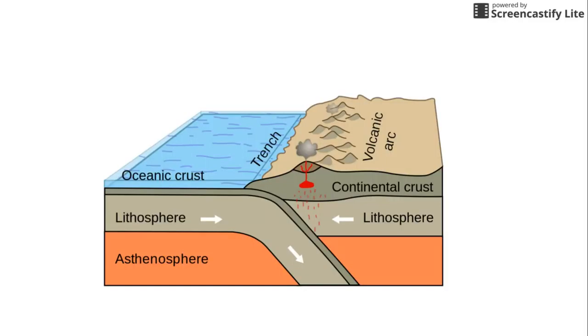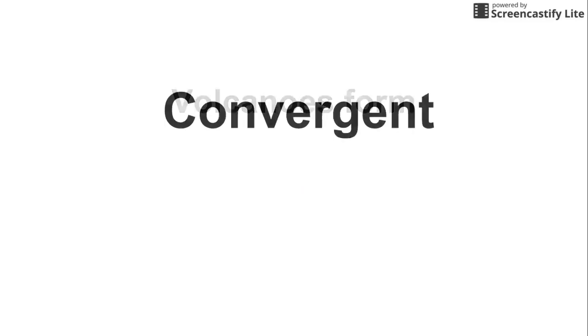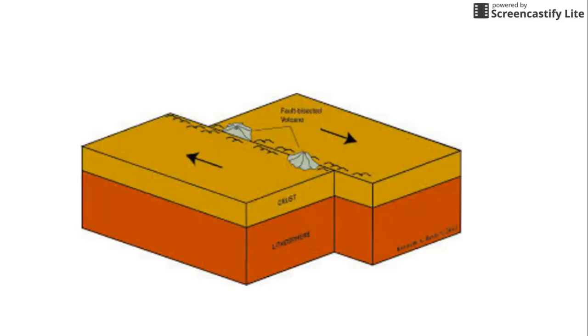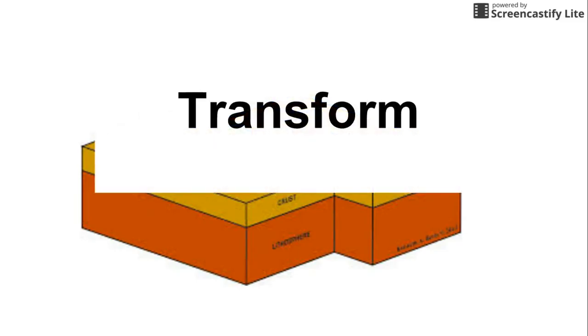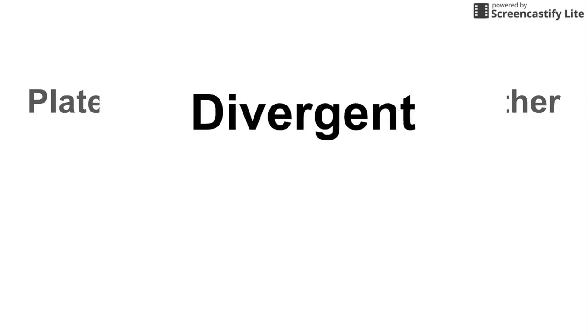This is an example of a convergent boundary. Volcanoes form at convergent boundaries. This is an example of a transform boundary. When plates move away from each other, this is called a divergent boundary.